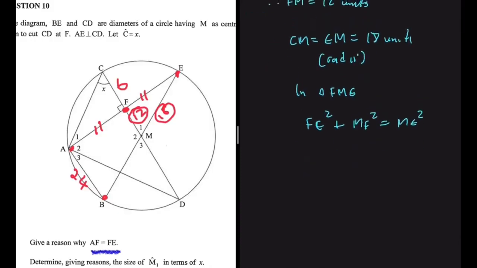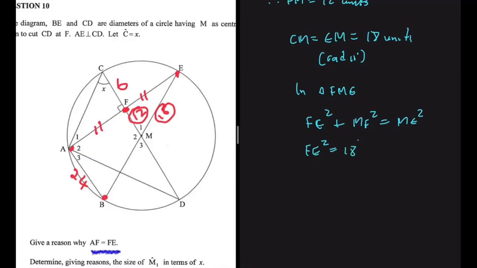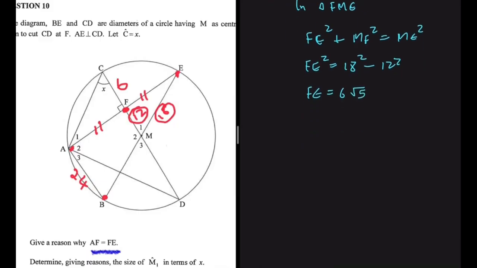So what is FE? That's what we're looking for. So we're going to have FE squared being equal to ME squared, so we have 18 squared minus MF squared, which is 12 squared. And then if you put that in your calculator, you're going to get FE being equal to 6 square root of 5. We already took square roots on both sides, right? And then if you multiply that by 2, you're going to ultimately get AE being equal to 12 square root of 5.